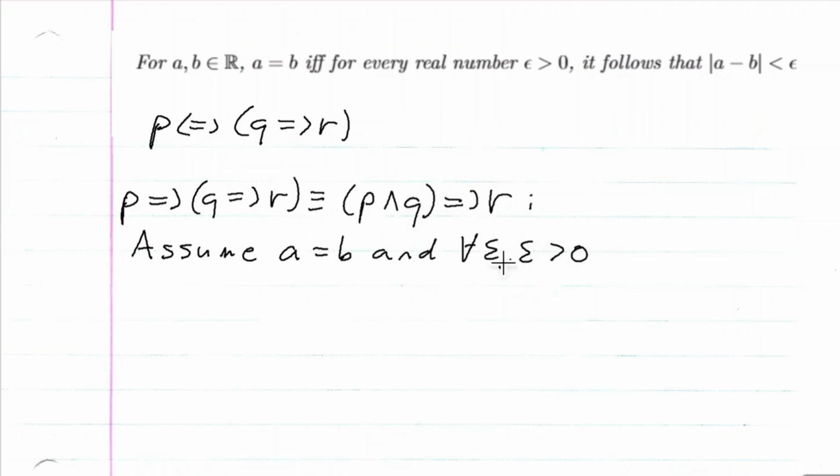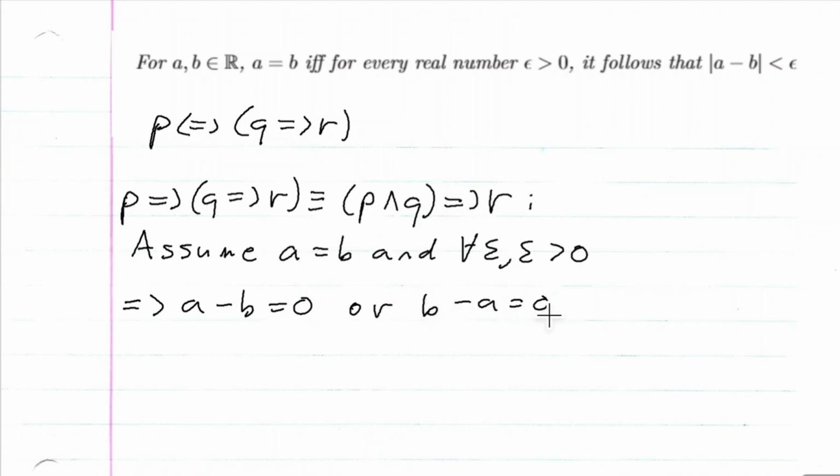Assuming these two things, we want to get to the absolute value of A minus B is less than epsilon. Well, if we have A is equal to B, we know that A minus B is equal to 0, or we know that B minus A is equal to 0. The first one, we subtracted B from both sides, and the second one, we subtracted A from both sides.